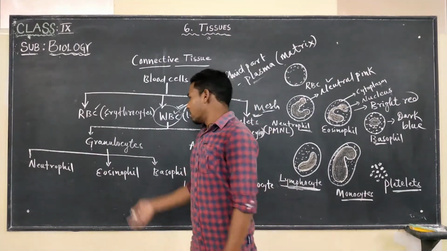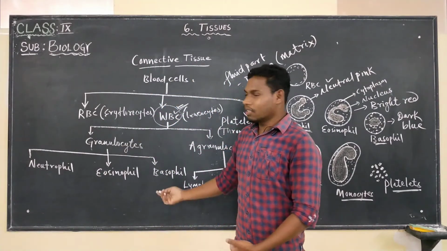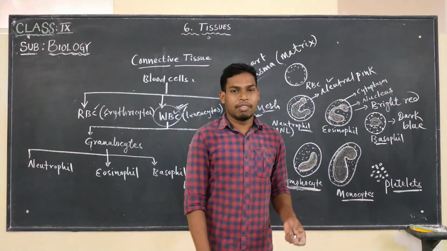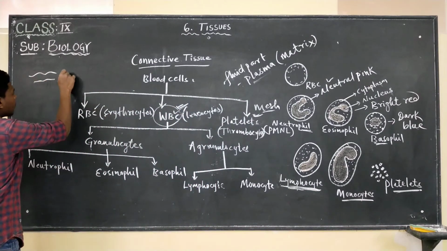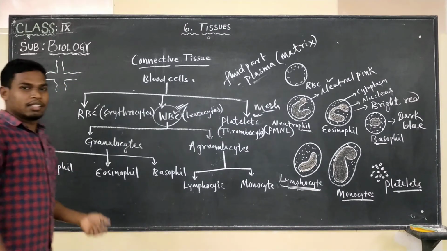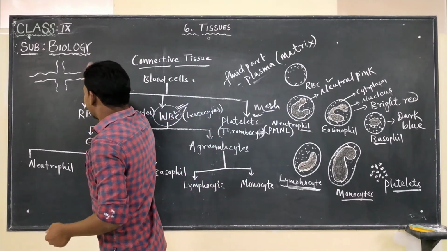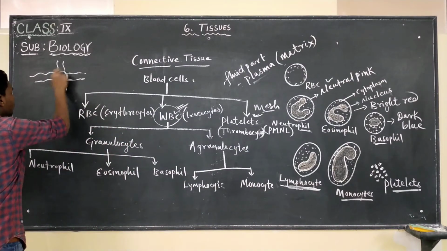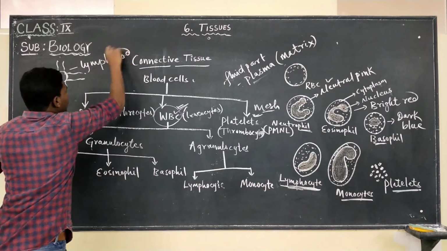Okay, so first we saw the fluid connective tissue known as blood, and the next is lymph. Lymph also has lymph vessels. These lymph vessels have connections with many cells, and at the center we will see the lymph node.